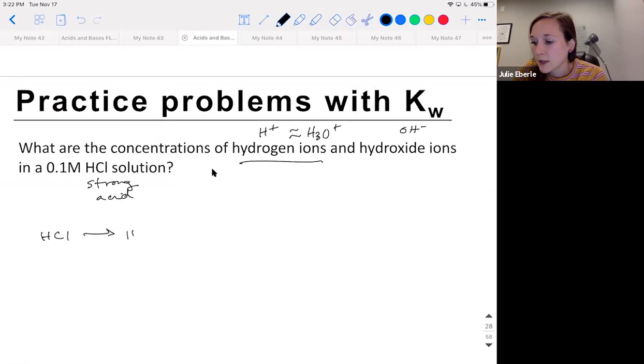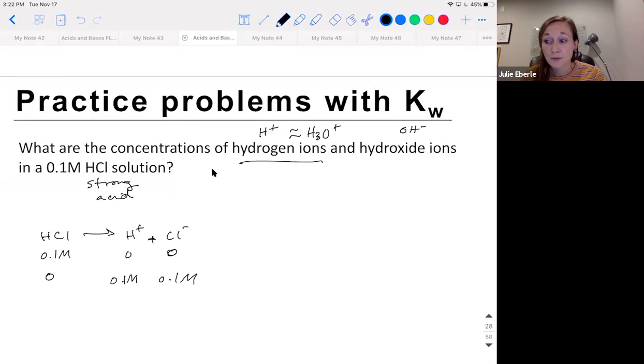Single arrow, and we're going to get H plus and Cl minus, our products. So if we start out with 0.1 molar of that and none of these, that's our starting point. What's going to happen in the end? In the end, we'll have 0 of this, and we'll have 0.1 molar of each of those.